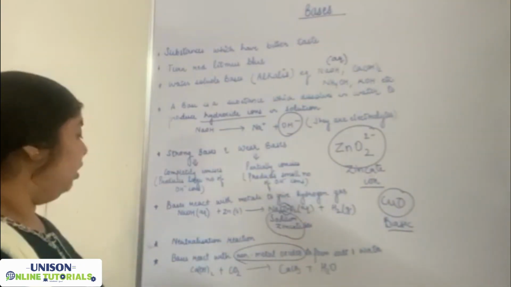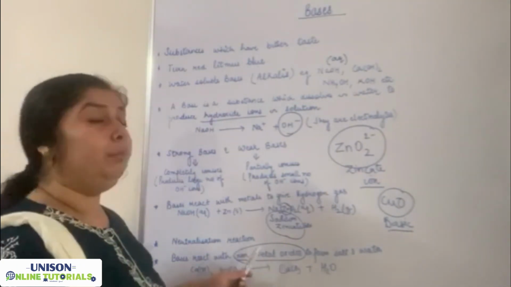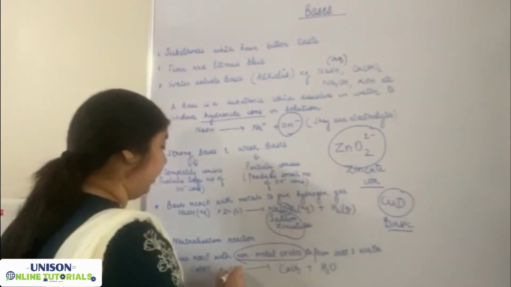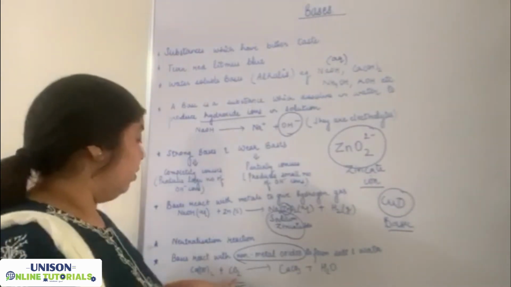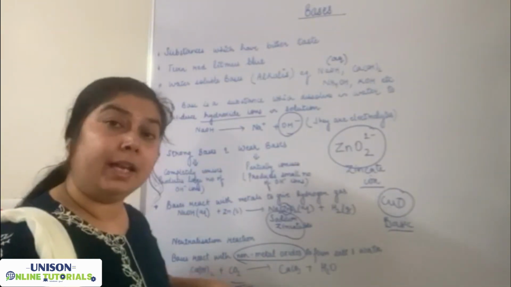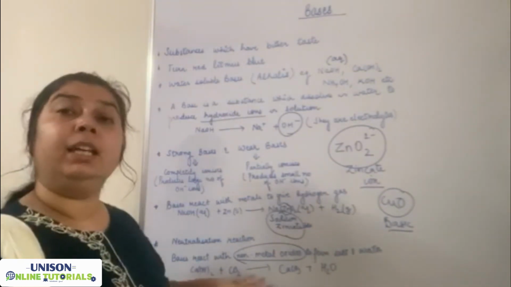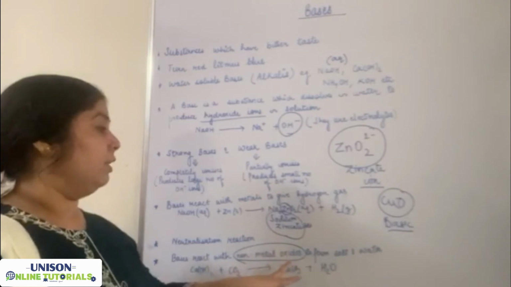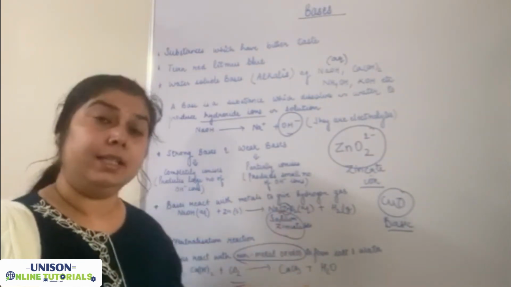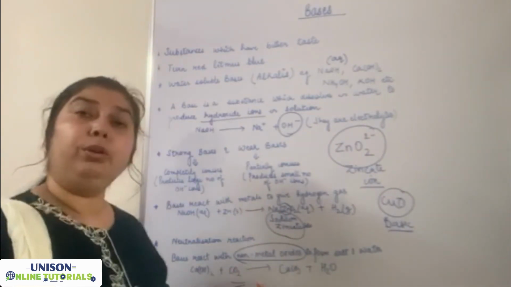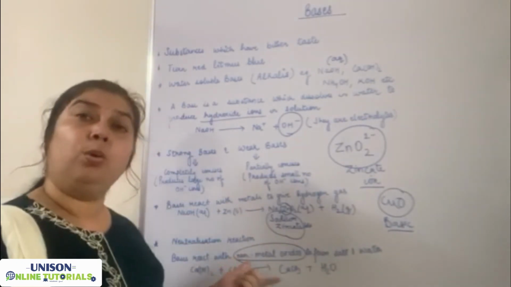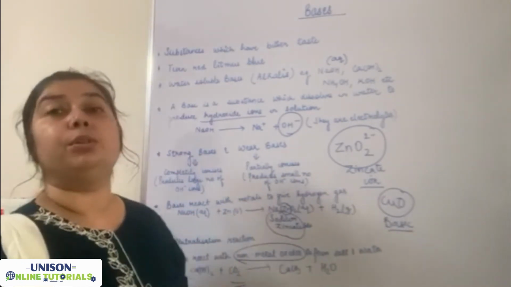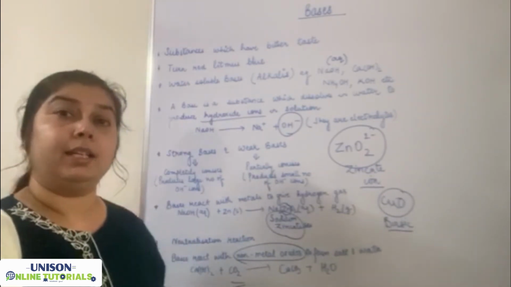Similarly, here also bases react with non-metal oxide. Here the non-metal oxide is carbon dioxide. Carbon is a non-metal and its oxide is carbon dioxide. It is acidic in nature. Non-metal के oxides हमेशा क्या होते हैं? Acidic. Yes, we know CO2 is acidic because it reacts with water. CO2 plus H2O gives you what? H2CO3, that is carbonic acid.